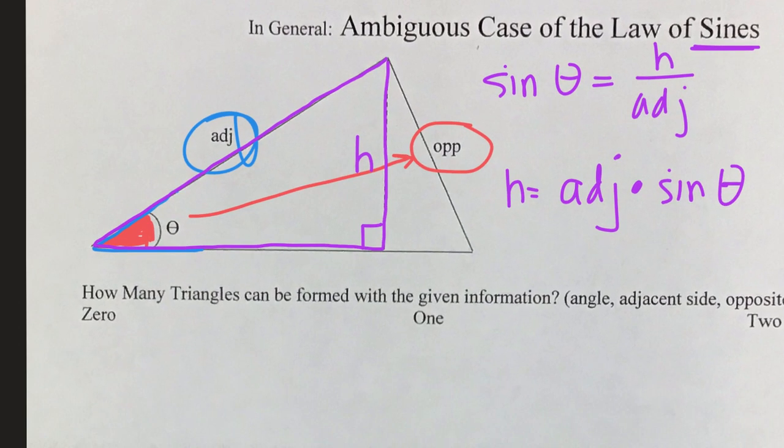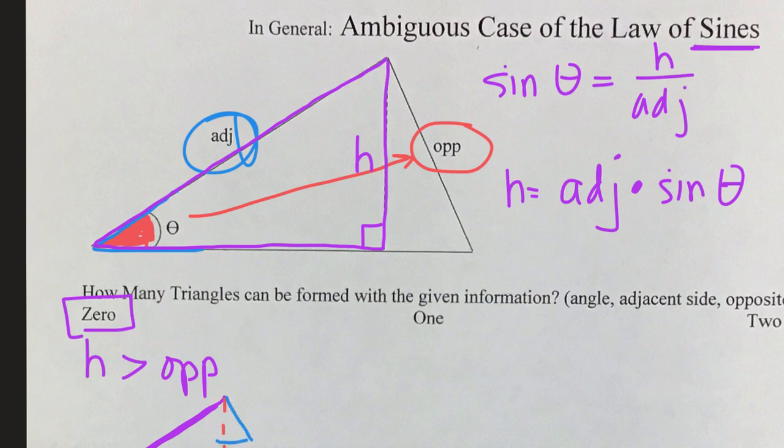Number one, if the height of your triangle is greater than the opposite side, in that case we're not going to have any triangles. Because here's the base of our triangle, there's our angle. If the height is greater than the opposite side, then this is just going to swing back and forth and never be able to reach this side down here.